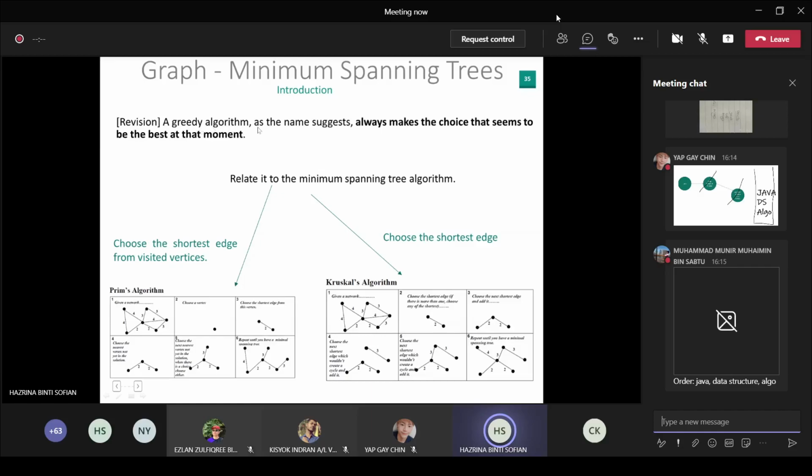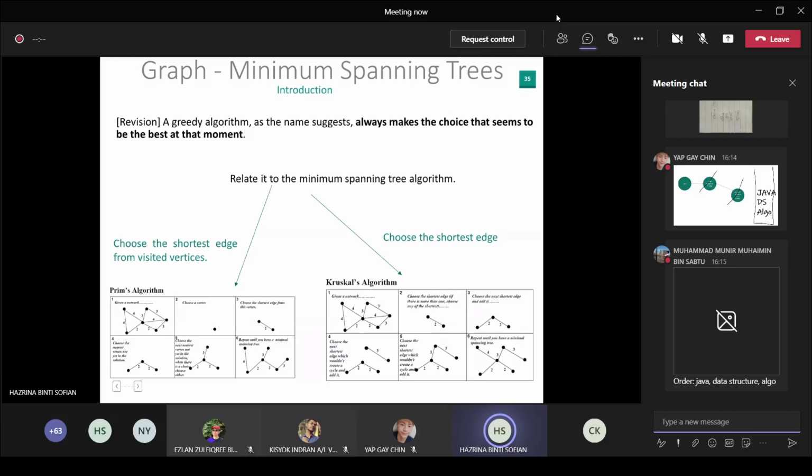Greedy algorithm, as the name suggests, always makes the choice that seems to be the best at that moment. We can relate it to the minimum spanning tree. Although for a greedy algorithm we do have maximization problems or minimization problems, for the minimum spanning tree, as the name suggests, we always try to find the minimum. So it's only a minimization problem for MST.